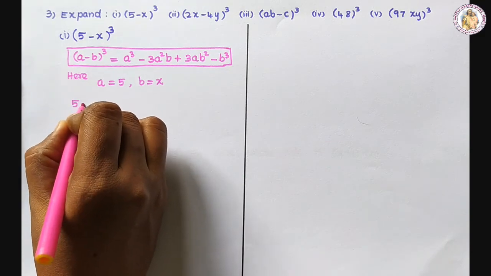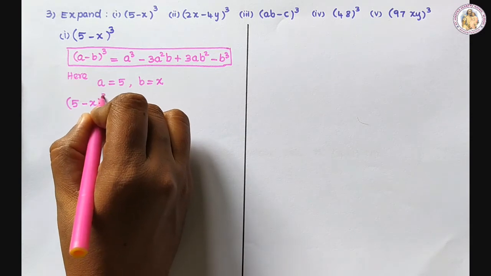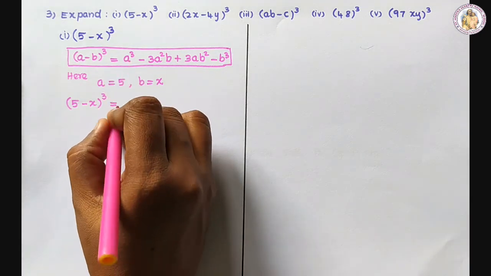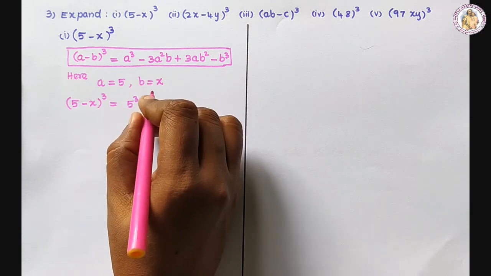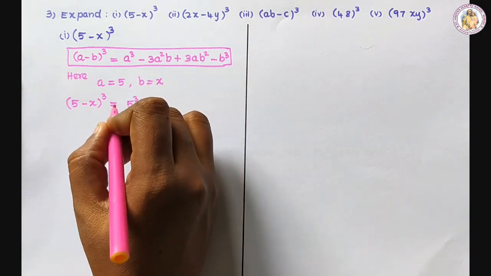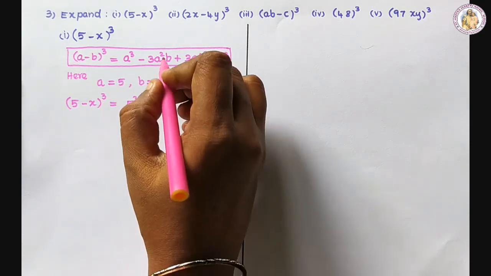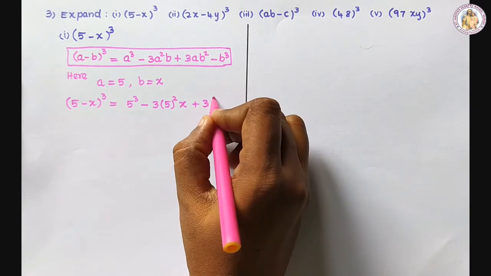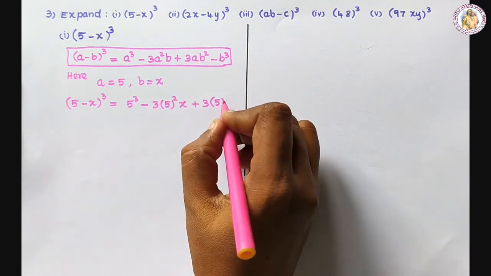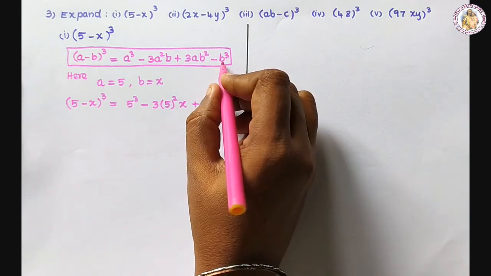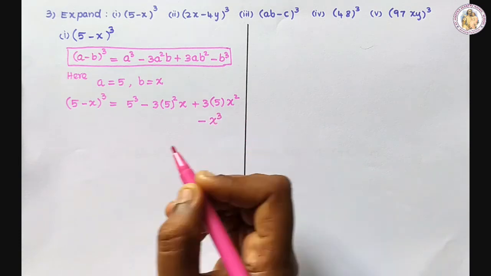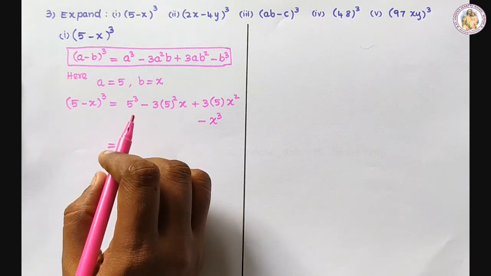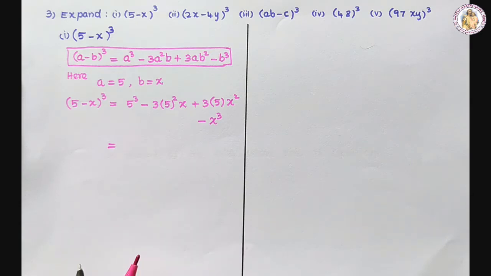Now expand that. 5 minus x whole cube equal to a cube, that is 5 cube, minus 3 into a square, that is 5 square, into b, x, plus 3 into a, that is 5, into b square, that is x squared, minus b cube, that is x cube. 5 cube, that is 5 into 5 into 5. 5 5s are 25, 25 5s are 125.